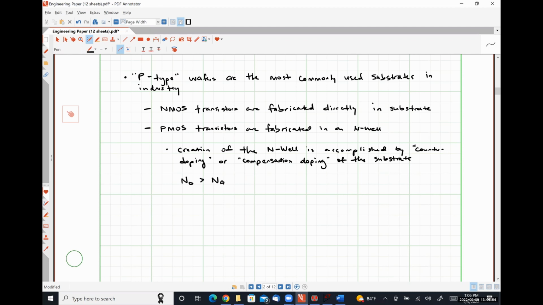Now, what is the result of this compensation doping? What I mean by that specifically is we have a P-type wafer that we start with, meaning that roughly 1 part per million of the silicon atoms in that chunk of silicon have been replaced by a different atom, either directly replacing at the lattice points or interstitial replacement, meaning that it gets shoved kind of between the bonds and all that kind of stuff.